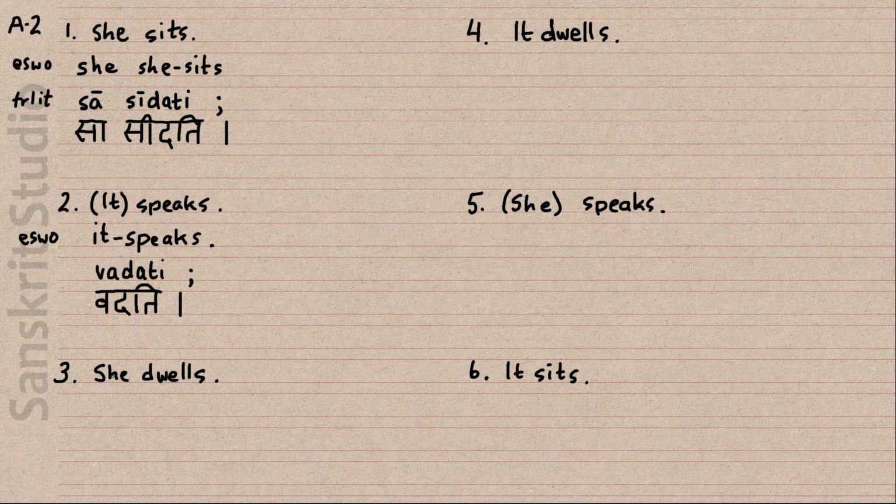She dwells, and here we have an explicit subject. Explicit pronoun is expected then. Our SWO comes here. She dwells.